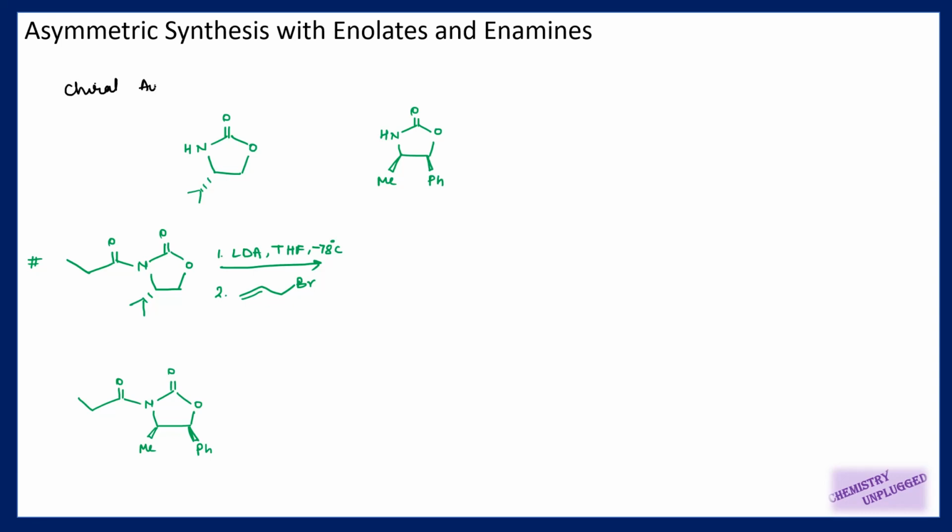Chiral auxiliaries are groups which generate a chiral center in a group which is taking part in a reaction, and after the reaction the chiral auxiliaries are removed. These chiral auxiliaries are formed from a chiral compound, and they look entirely different from the compound from which we have synthesized them.